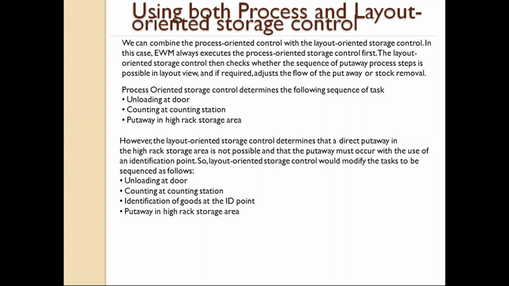I'm going from the GR zone to counting and then to the work center. So first we need to know the process. Only then can we say how the staging will happen, and how the movement via some storage type will happen.